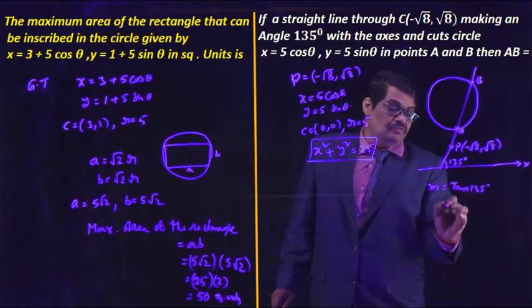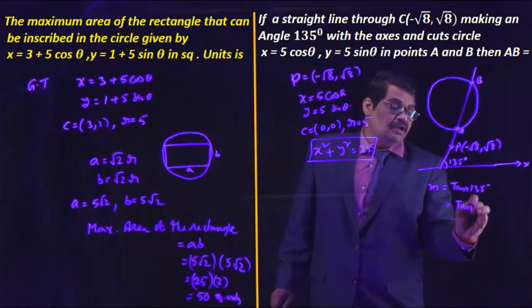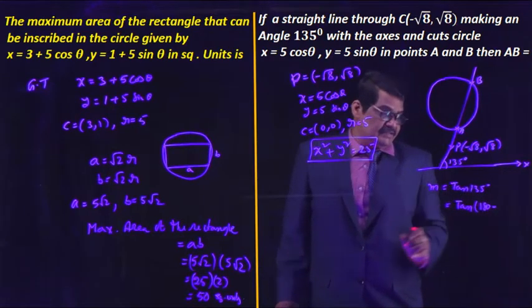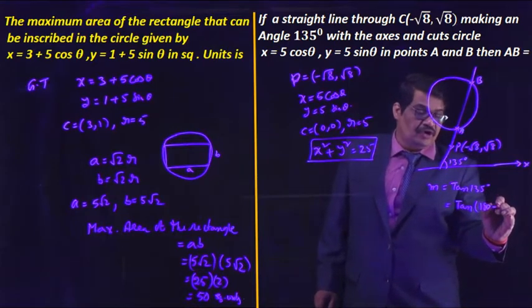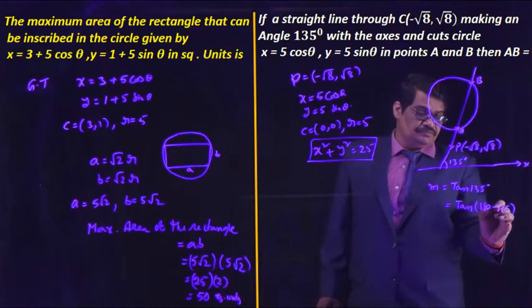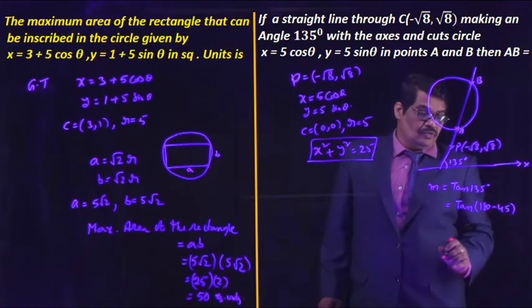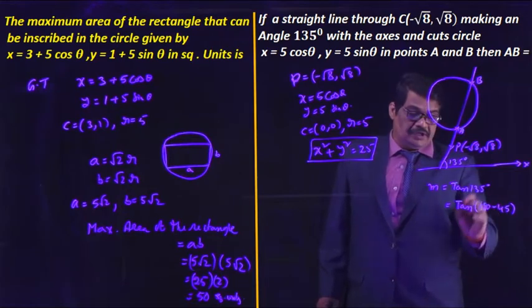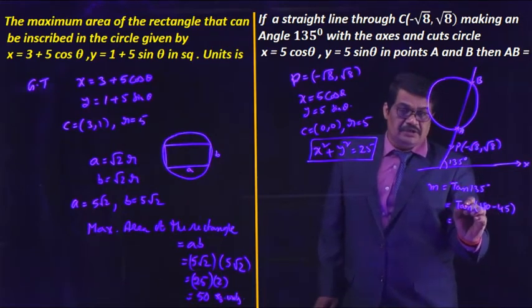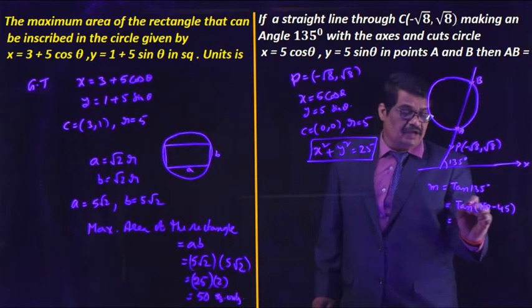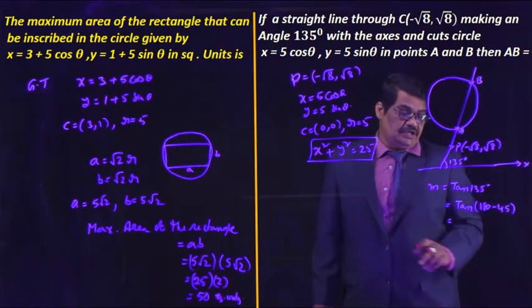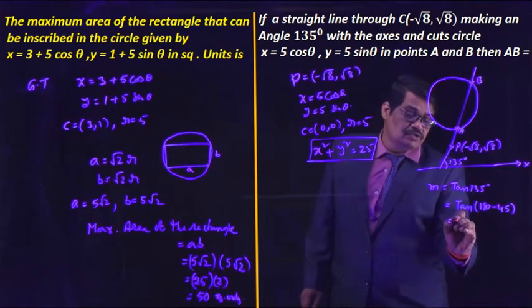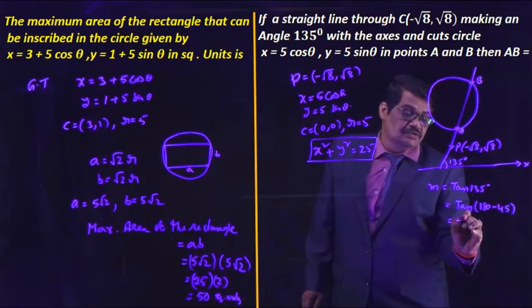Here tan 135, that is tan of 180 minus 45. That is tan of 180 minus theta, in the second quadrant. Then the slope is minus 1.